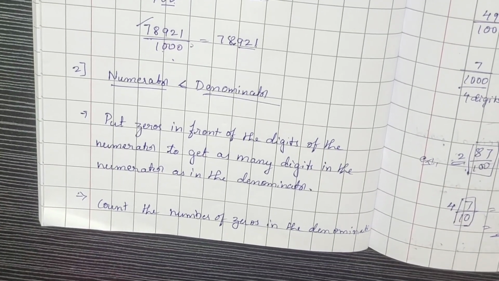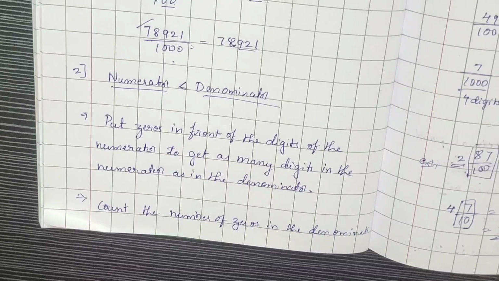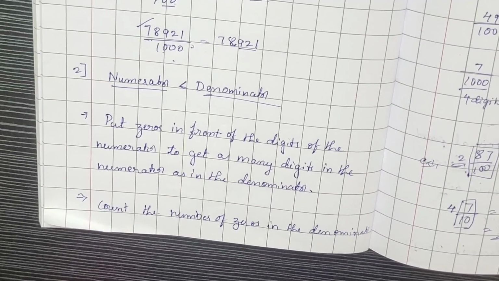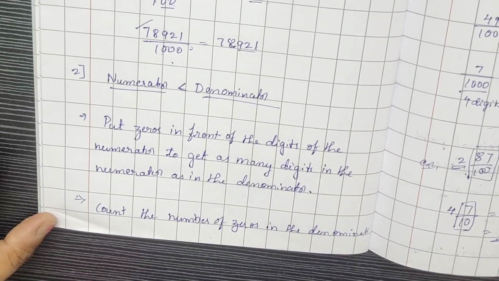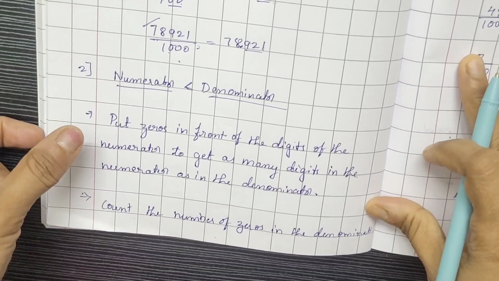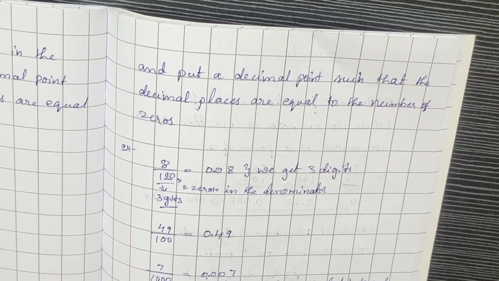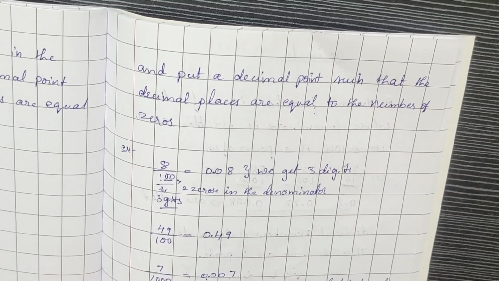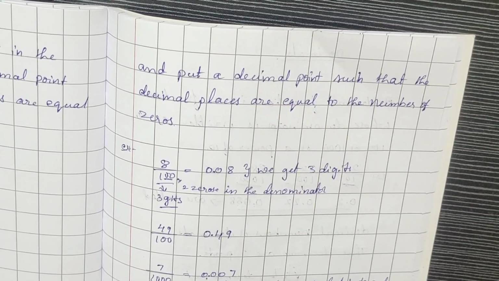Then count the number of zeros in the denominator and put a decimal point such that the decimal places are equal to the number of zeros.